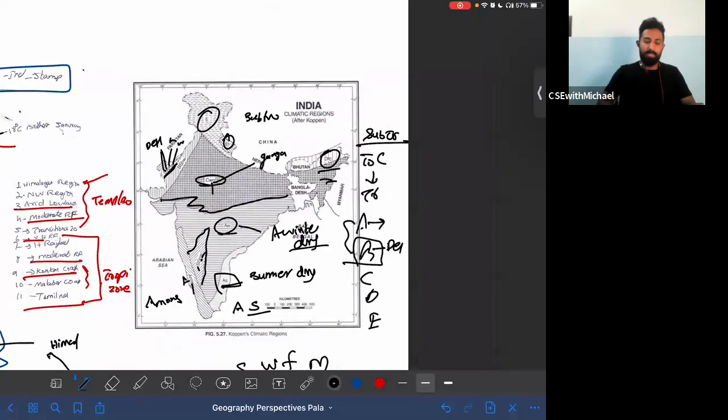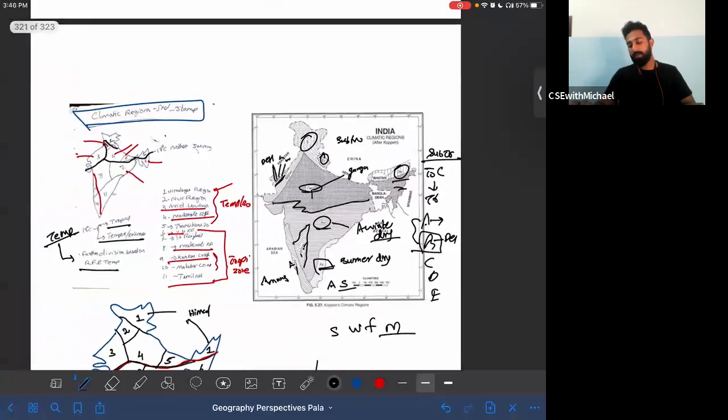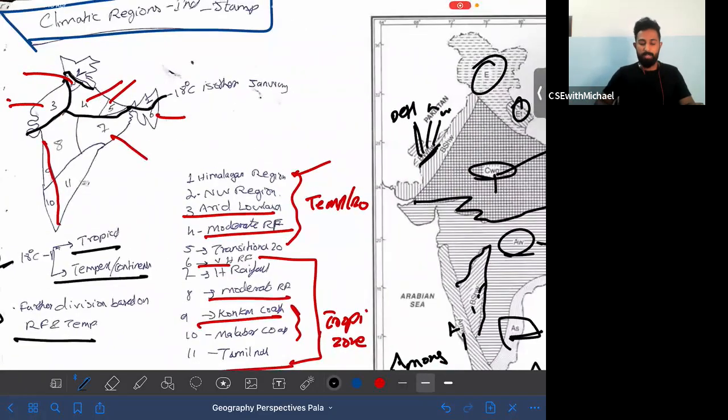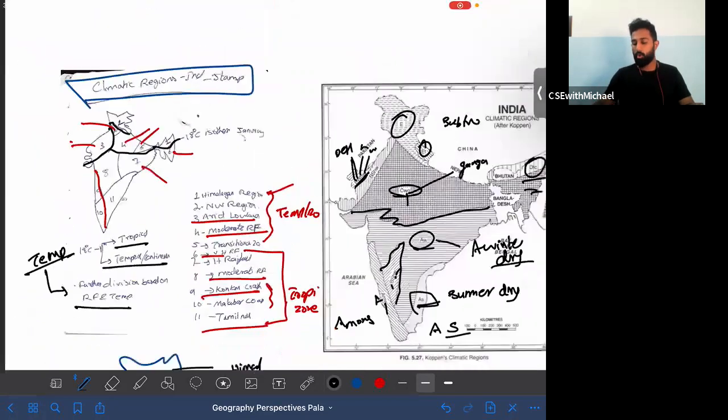Now what you have to study is the basis of this classification. ABCD would be the basis of classification for Köppen, which you have studied already. Now you would explain that again for the Indian climatic classification. We will write down the basics they used, then draw the map, and give detailing for each region. Mostly it has been Stamp's classification. Köppen's has not been asked much, so we can study Stamp in more close quarters.